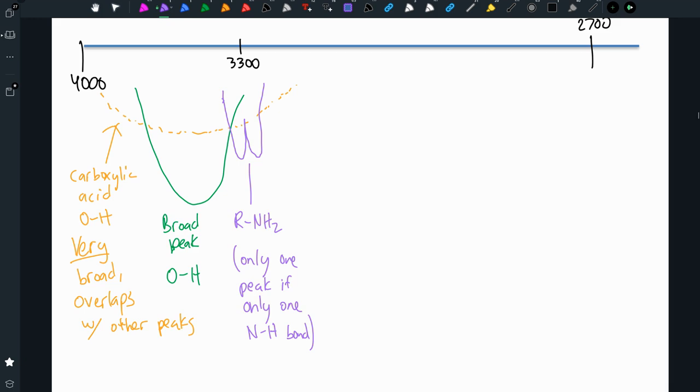And then around 3,100 is usually a dividing line. To the left of that, you might see peaks that look like this, a little bit sharper than those OH peaks. These could be SP hybridized carbon-hydrogen peaks.